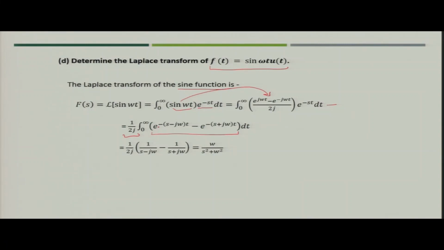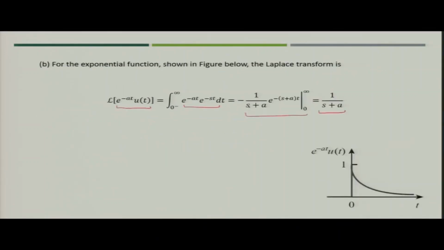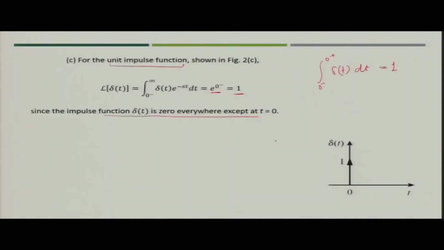So, first is e to the power minus s minus j omega t minus e to the power minus s plus j omega t. Now, we just calculated the value for the expression e to the power minus a t into e to the power minus s t dt, and the value was 1 upon s plus a. So, we will use the same.